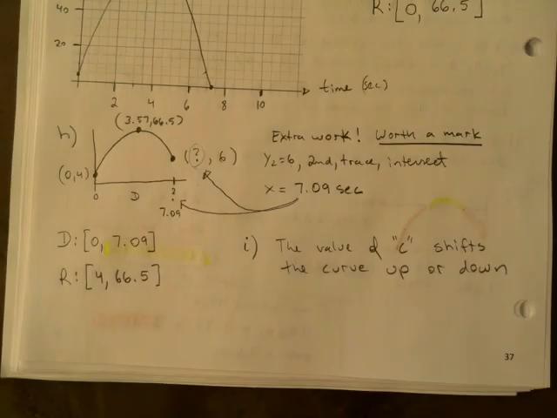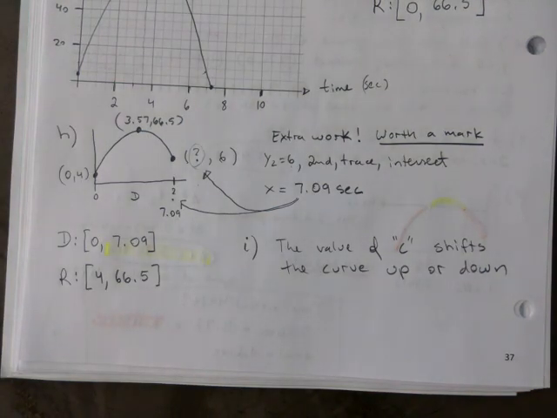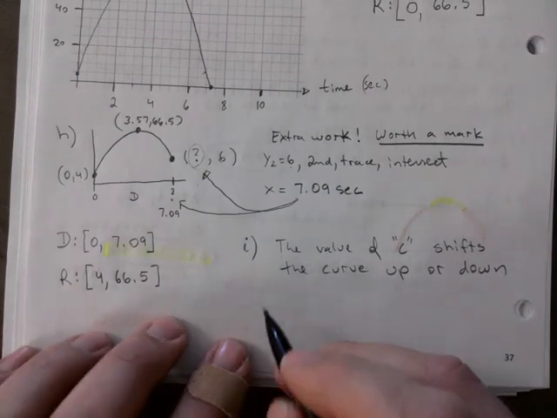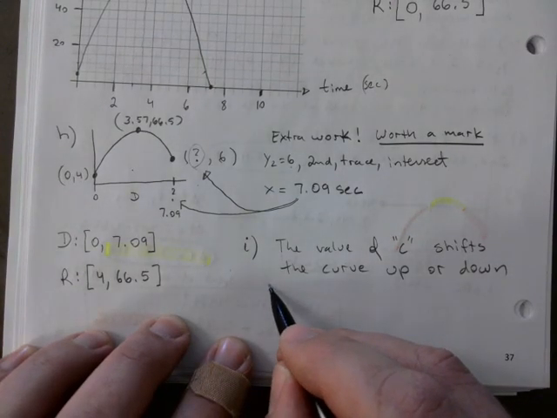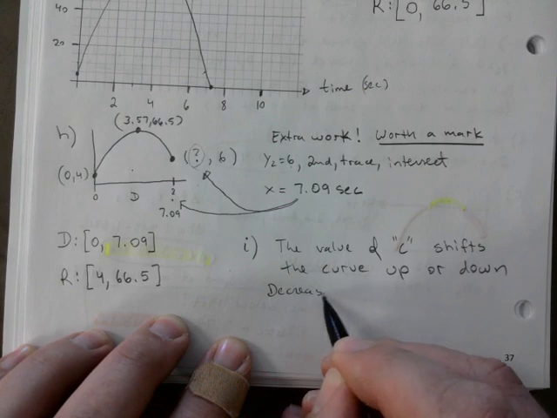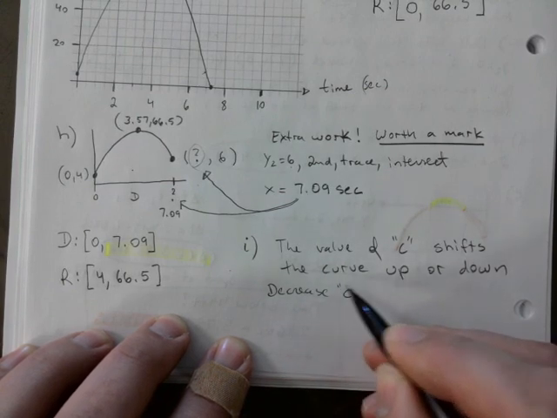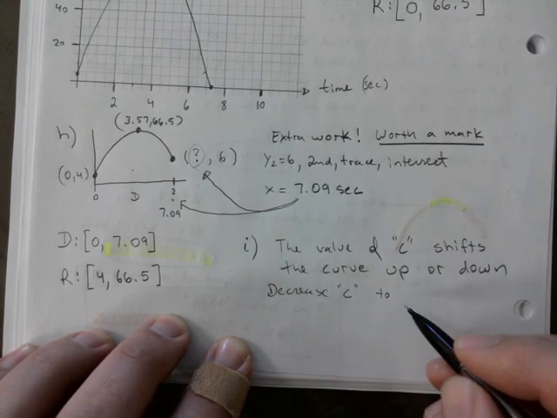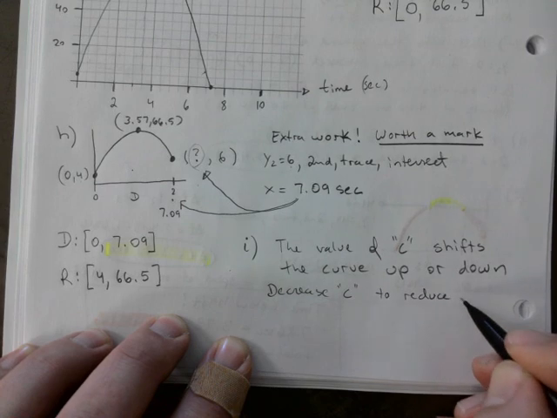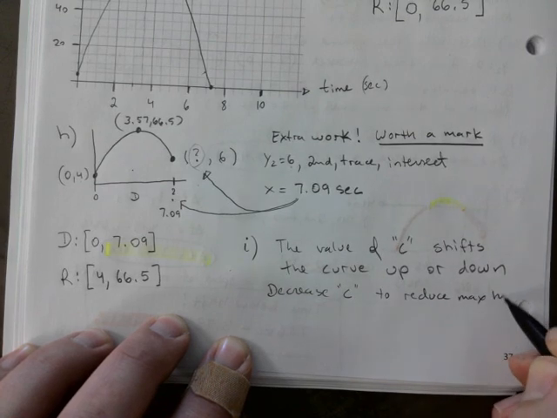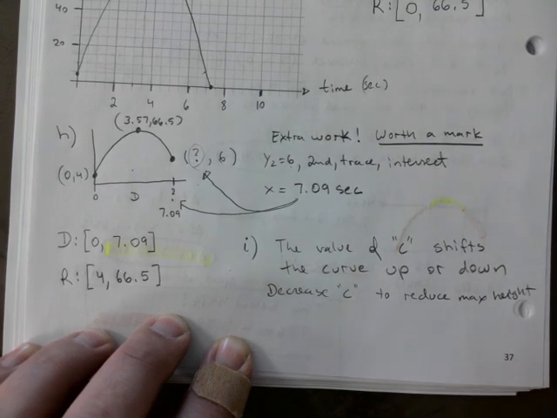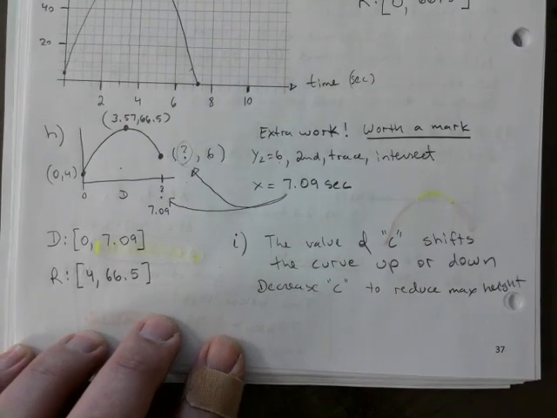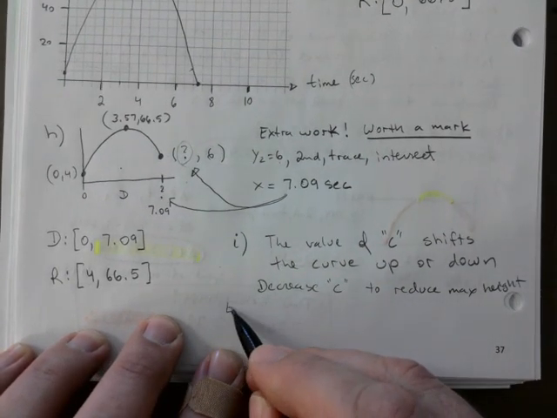So here it's really up to you, as long as you make it known to me that you're decreasing it, right? So let's decrease C, right, to reduce maximum height. So this is an example, right?